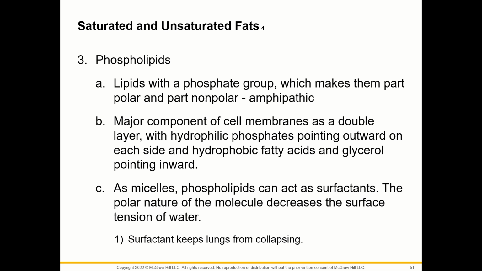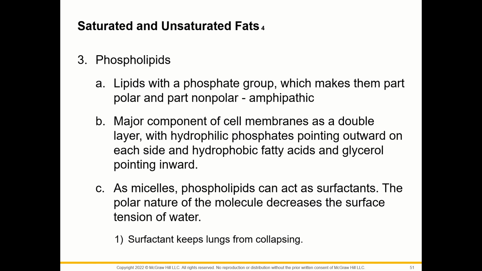And this is important because as that major component of cell membranes, it's going to end up forming a double layer. The hydrophilic phosphates are going to point outward on each side, and the hydrophobic fatty acids and glycerol will point inward. And this makes a double layer.